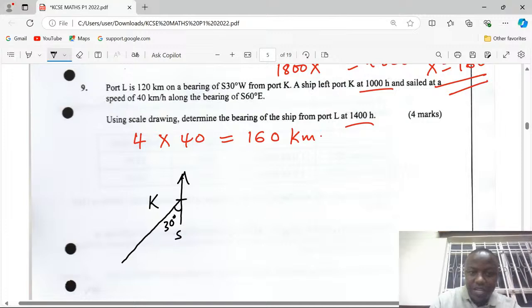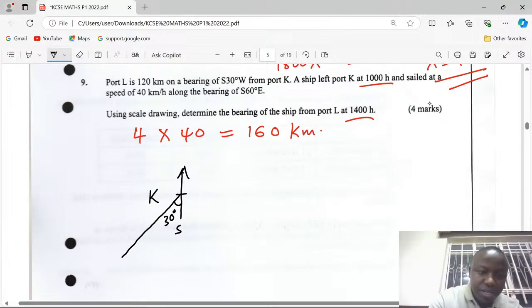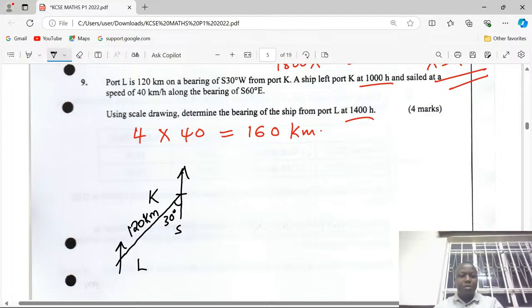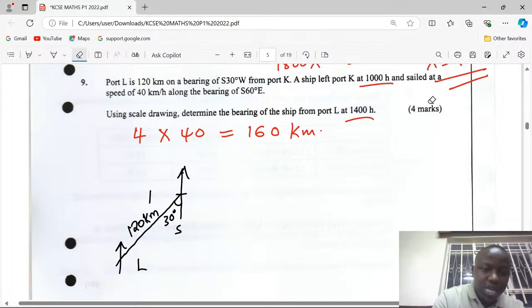The distance there is 120 kilometers. This is our point L. L is 120 kilometers south, 30 degrees towards west from Port K.